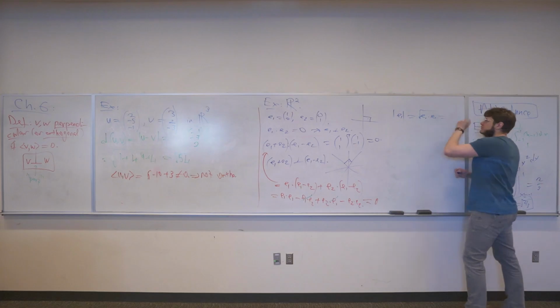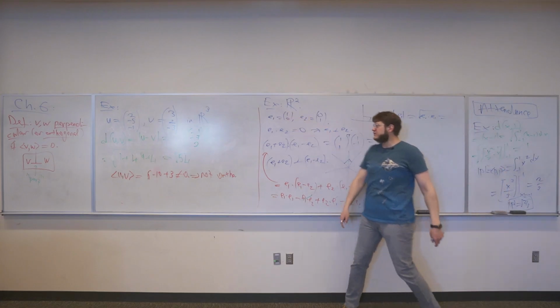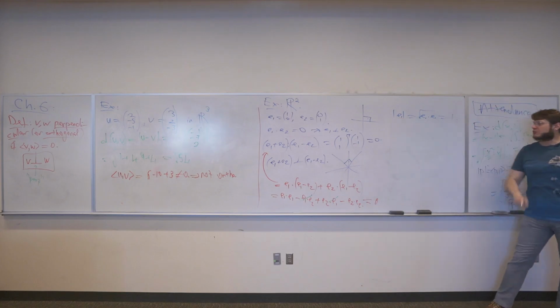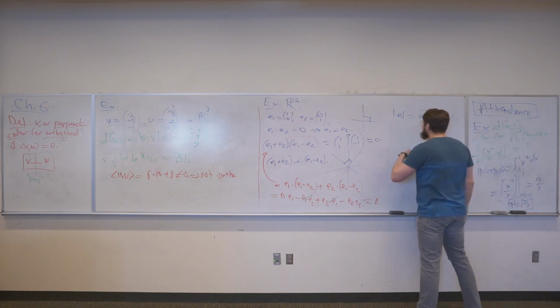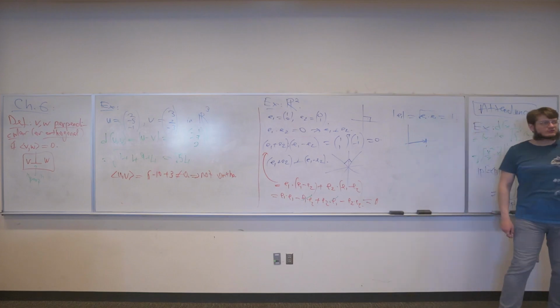Then you dot this against itself. 1 times 1 is 1. 0 times 0 is 0. So this is just 1. So that means that the norm of E1 is 1. Certainly the standard basis vector should have magnitude 1. Okay, that's what this says.